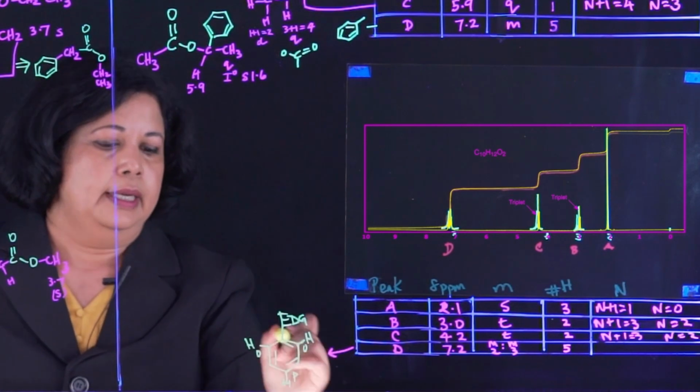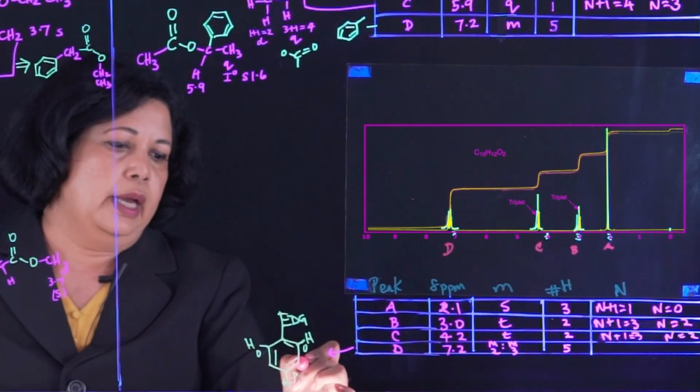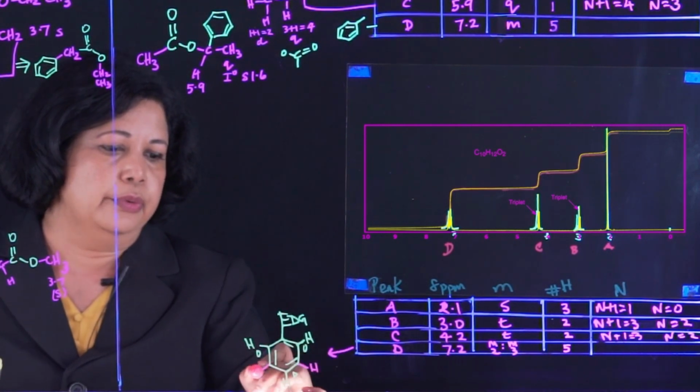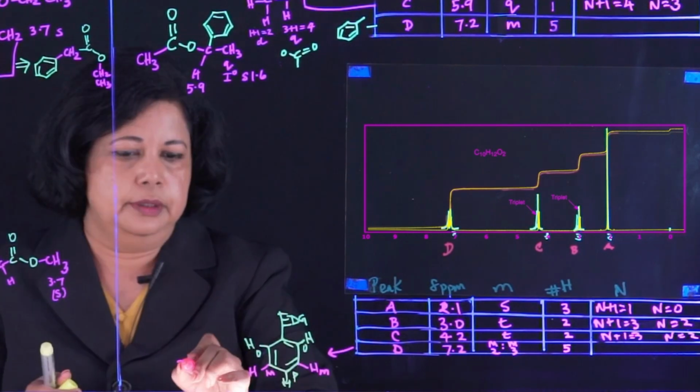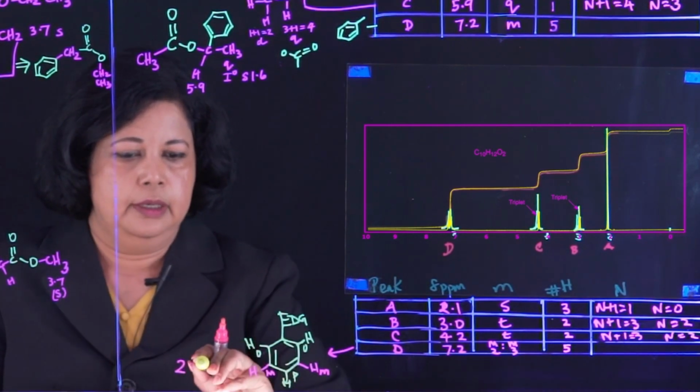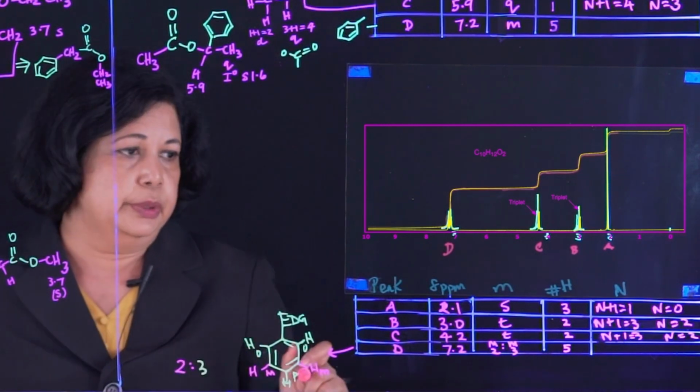And the meta is going to be de-shielded. So you have 2 meta protons, and you have 3 ortho para protons, which are kind of in the same region. 2 to 3. That means it's a mono-substituted benzene with an electron donating group.